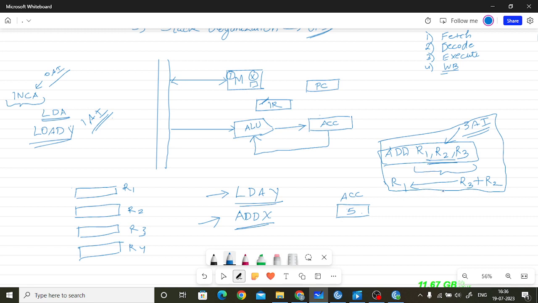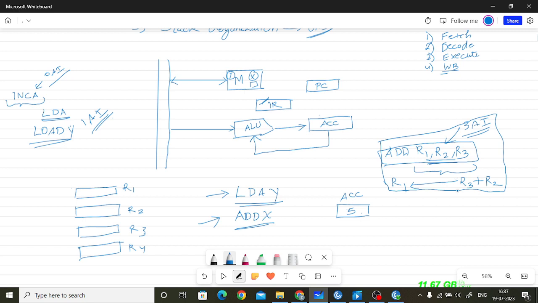Here in this ADD R1, R2, R3, this type of instruction can be executed by a general register organization, because we have some general purpose registers R1, R2, R3 and R4. Okay, so this is capable of executing our 3 address instruction. So how at the back end will this instruction execution take place?